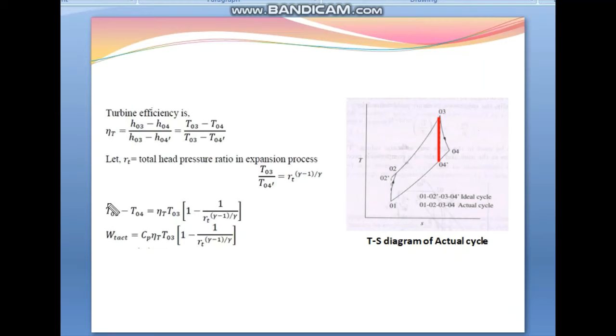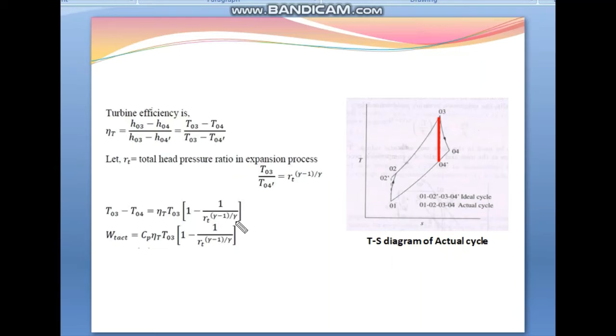So the temperature difference for the actual turbine working process, T3 minus T4, becomes eta T, the turbine efficiency, into T3 into 1 minus 1 by RT to the power gamma minus 1 by gamma.